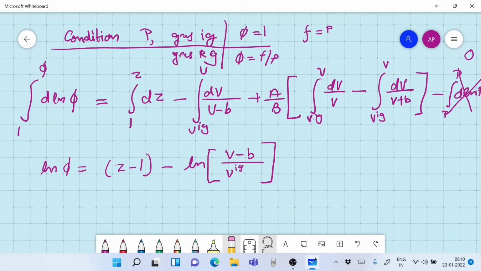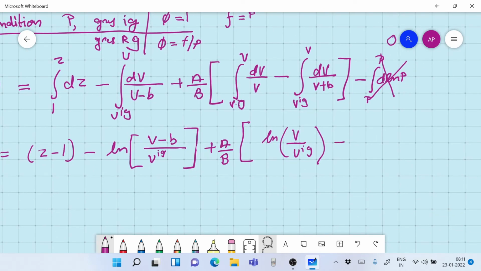Remember one thing, b is 0 for an ideal gas, plus a over b. Now this is going to be ln of v over v ideal gas minus ln of (v plus b) over v ideal gas. Remember, b will not come here. The reason being, for an ideal gas, b is 0.